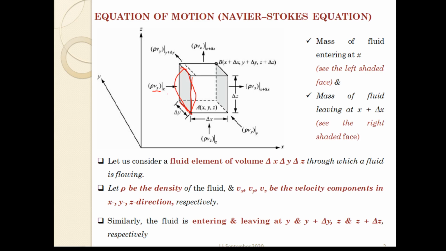If you multiply the term rho vx with this area del y del z, we get the mass which is coming through this face.